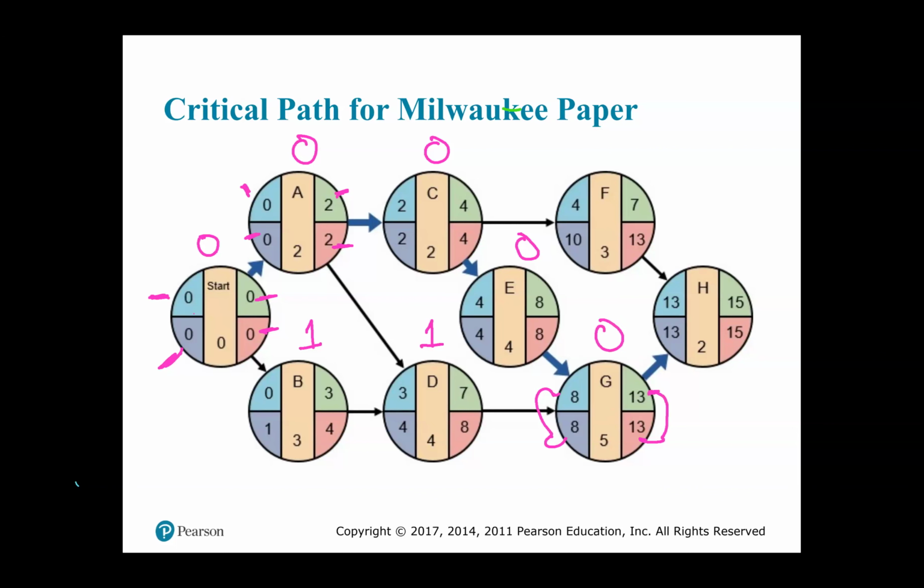Either way, that's 0. For F, it is 10 minus 4, or 13 minus 7. Either way, the result is 6, a slack of 6 days. And for H, the slack is 0 days.